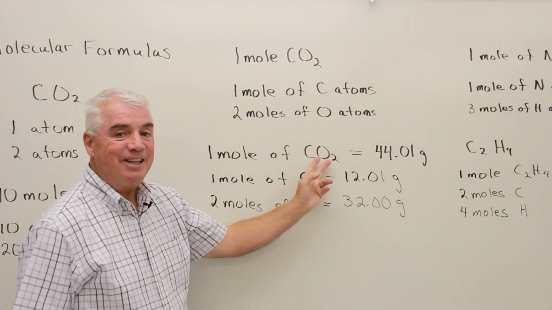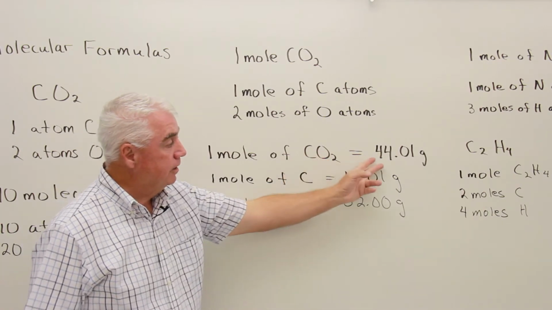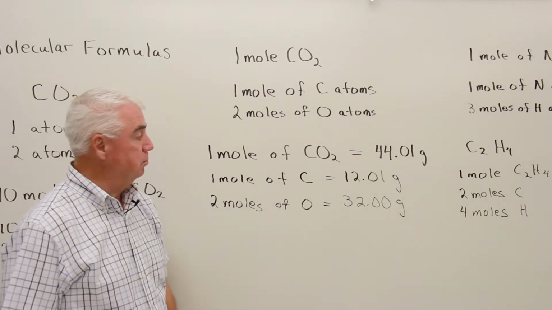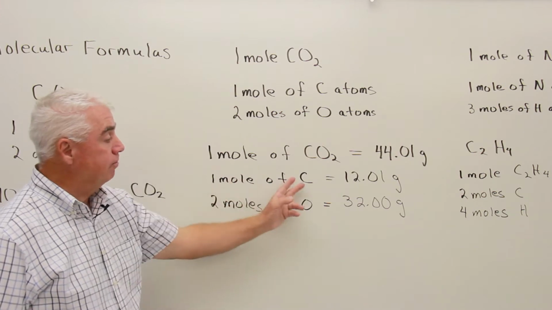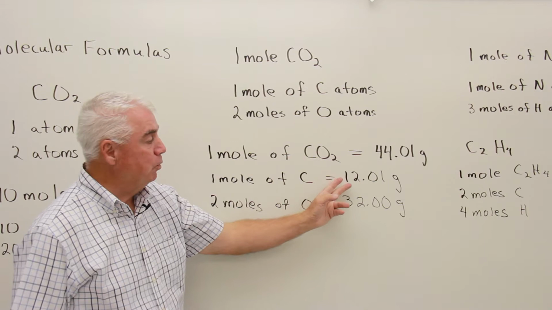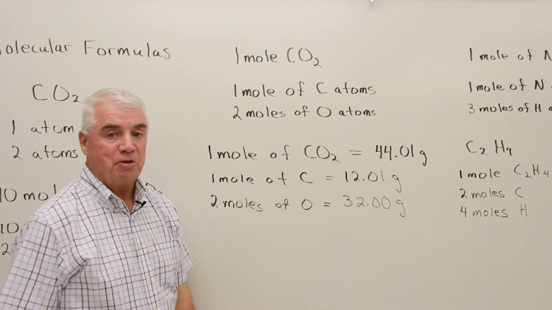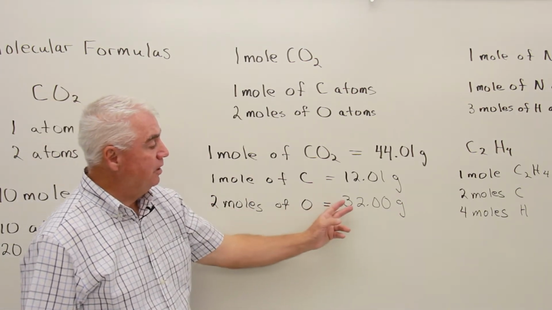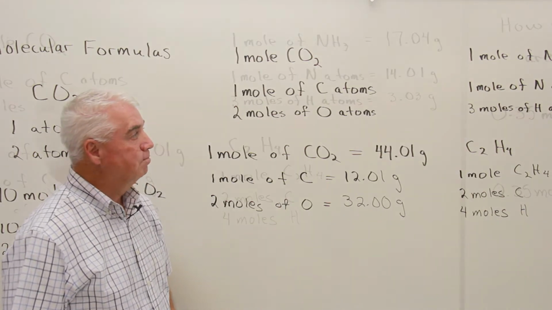Oxygen is 16, there are 2 of those, so 16 and 12 comes up with 44, or 44.01 grams in 1 mole of CO2. If I had 1 mole of carbon then in that sample, again going to the periodic table and looking up the atomic weight of carbon, 12.01 grams of that is due to the carbon. The 2 moles of oxygen total to 32 grams of that sample.